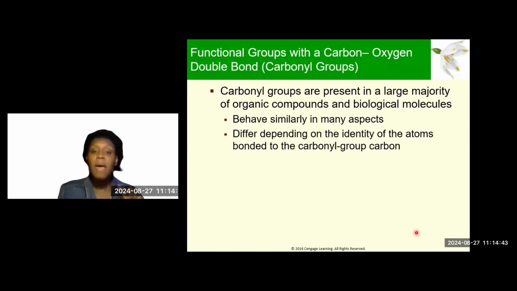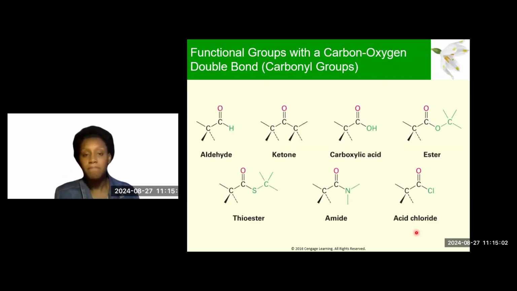Now, there's differences, but they do behave very similar often, okay? Now, they differ depending on the identity of the atom bonded to the carbonyl group carbon. All right, so while the carbonyl group may have similar properties, what it was bonded to does give its individuality.